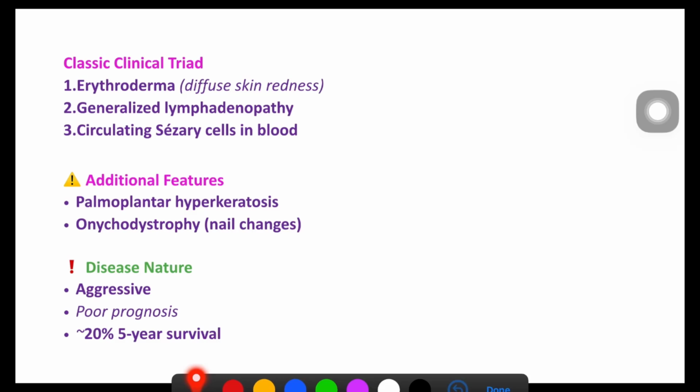Classic clinical triad shows erythroderma, where diffuse skin redness is there, generalized lymphadenopathy, and classically circulating Sézary cells in blood. Additionally, there is palmoplantar hyperkeratosis, onychodystrophy, which shows nail changes, and this is an aggressive disease with poor prognosis.